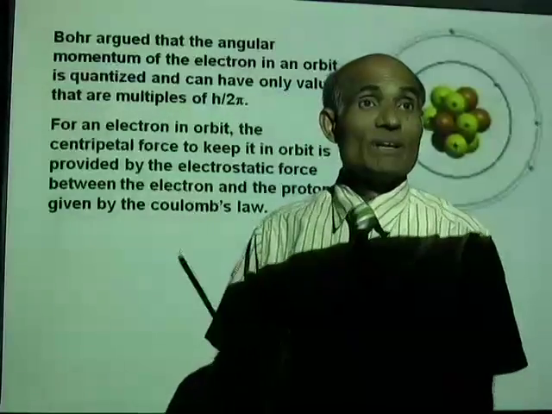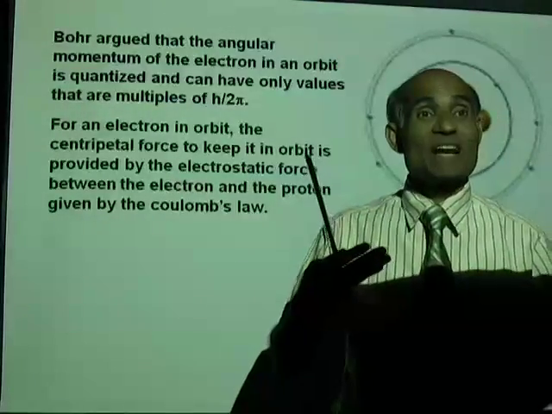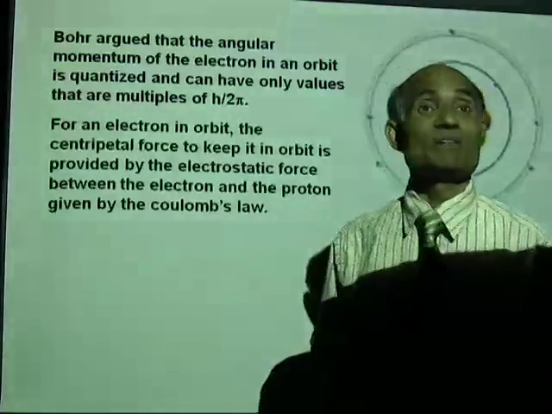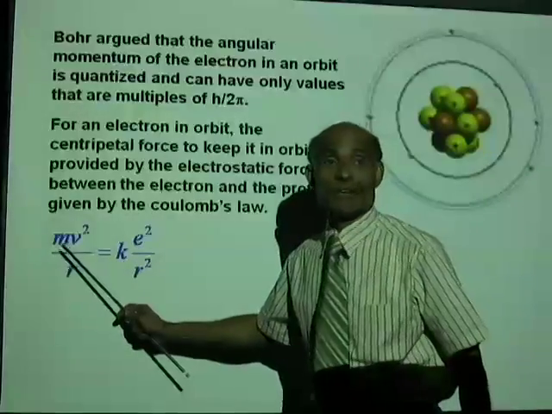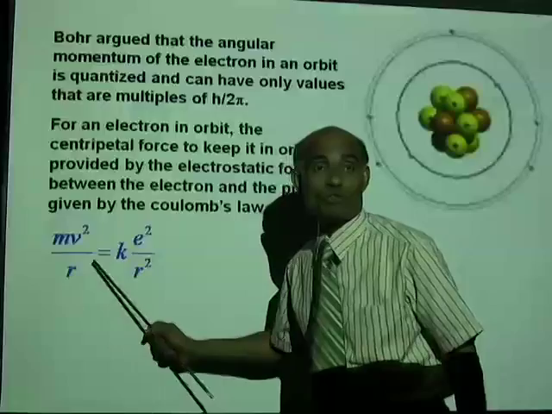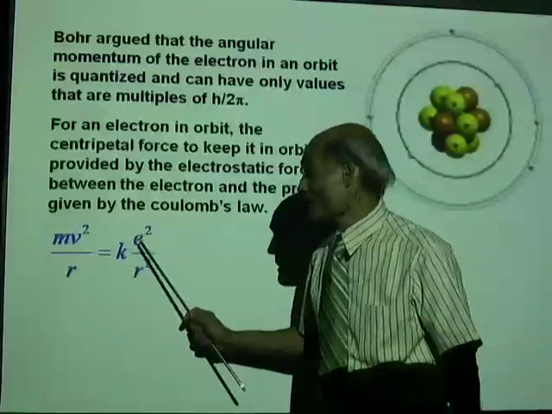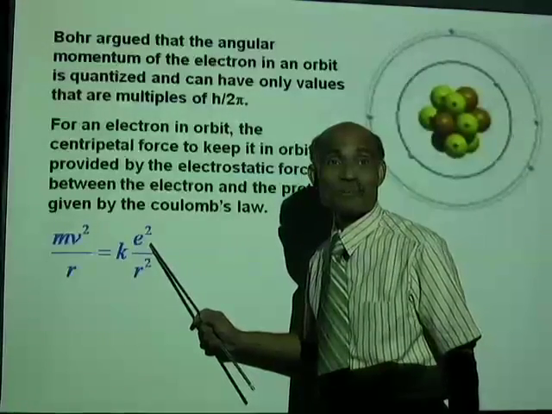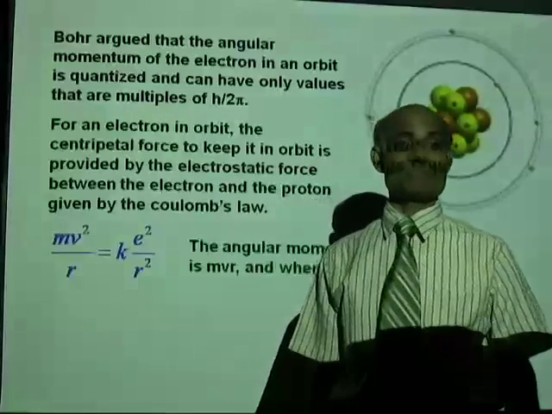So the centripetal force is actually provided by the electrostatic force between the proton and the electron. And we can write this relation: m v squared over r, which is the centripetal force, equal to k, the constant of Coulomb's law, q1 q2, where q1 equals q2 equals e, and r is the radius of the orbit.